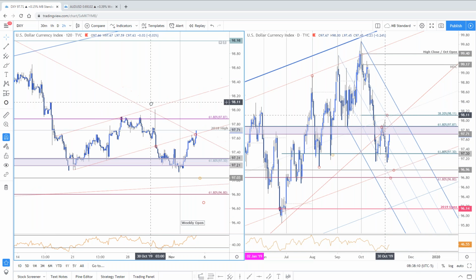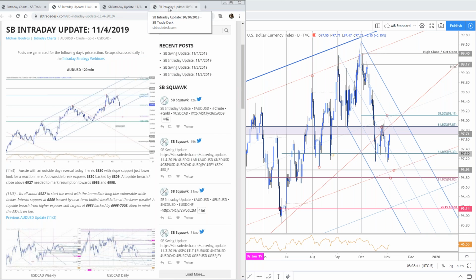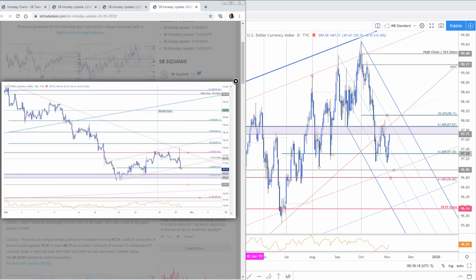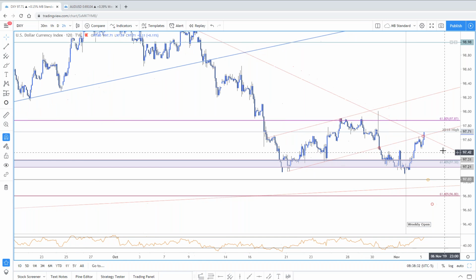This thing is still pretty clean, and we're testing near-term resistance now. Here's what the DXY looked like into the close of October. We were looking at this near-term ascending channel formation. We talked about the fact that even if that breaks, you still got key support at 97.21, 97.31 on the near-term chart. That's governing the downside.